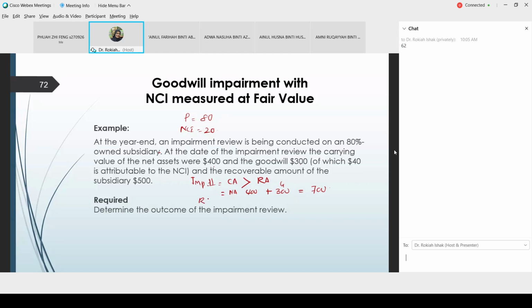And then your RA, the recoverable amount, is given as 500. So we find that your CA is more than your RA, so you're going to have an impairment loss. The impairment loss that we have here is 200. From this 200, we're going to allocate to the parent and also to the NCI because the NCI is using the fair value method. Okay, we look at the solution given here.